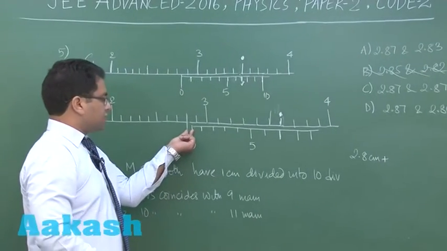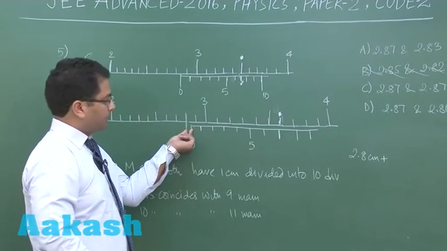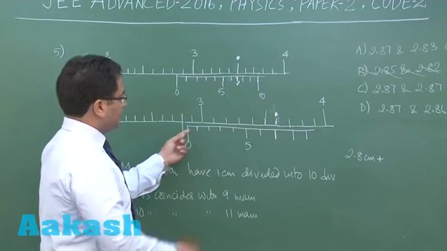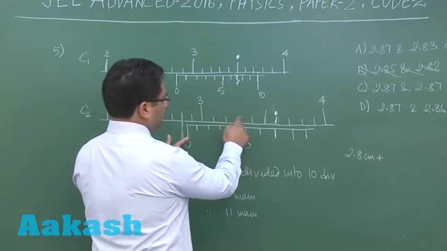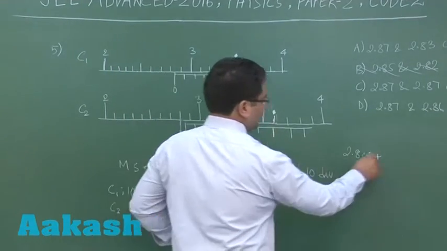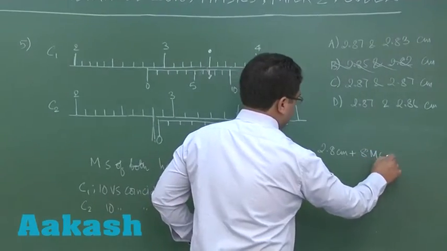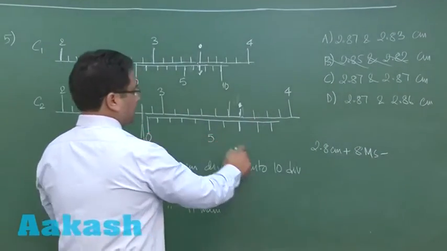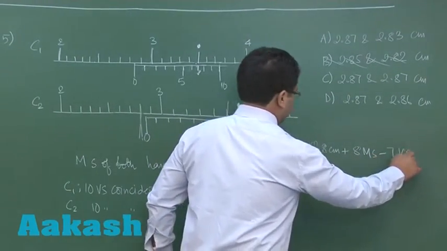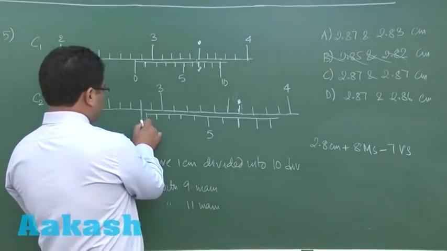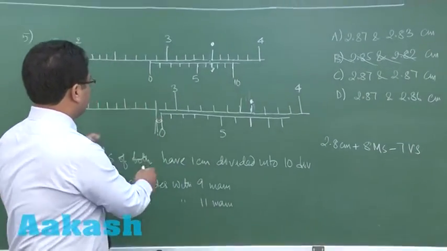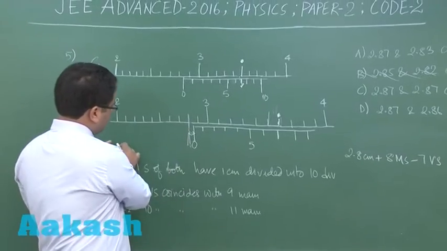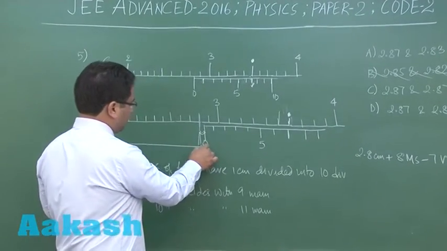This is the extra reading that we have to see. And how much is it? Let's see. 1, 2, 3, 4, 5, 6, 7, 8. 8 main scale minus 7th vernier scale would be this particular thing. All I did is say till this, because that much is the length that I have to find.